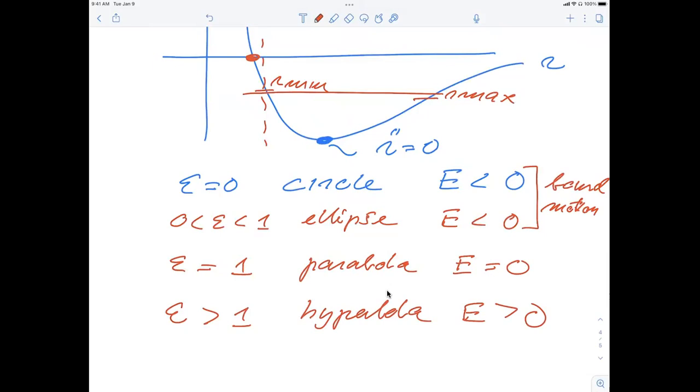By simply looking at this graph, we have the analytical solution, and then we can look at what that means for the energies, and what kind of physics we can extract from this. With a hyperbola, you could have a comet coming in towards the Earth, and then it gets deflected, and then it disappears. So that would be a hyperbola. If you have an ellipse or circle, you're bound to move around a given origin, which in our case is defined as the sun.